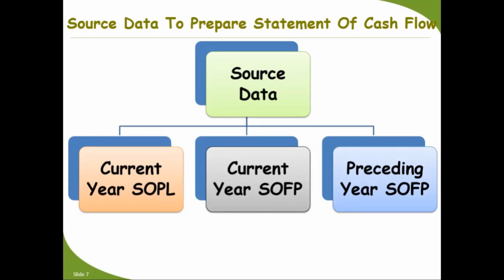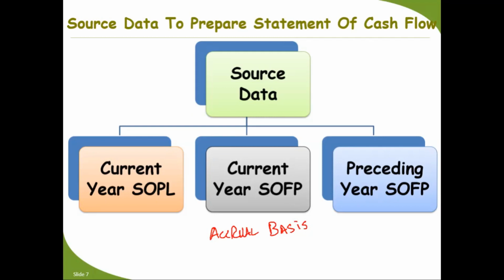Now, keep in mind, all these financial statements are prepared on accrual basis of accounting. These are prepared on which basis? Accrual basis. What is meaning of this? It means that in these financial statements, transactions are recorded or events are recorded when they occurred, irrespective of cash at that time involved or not.